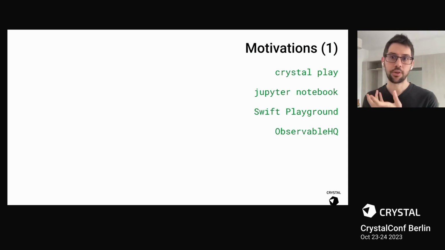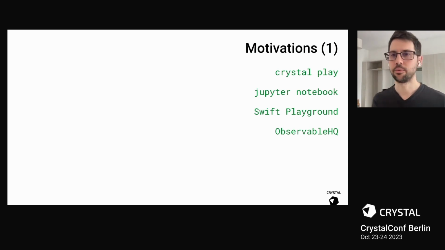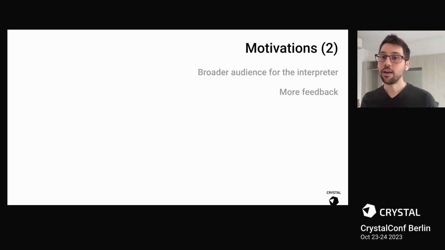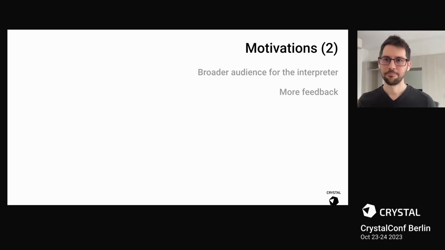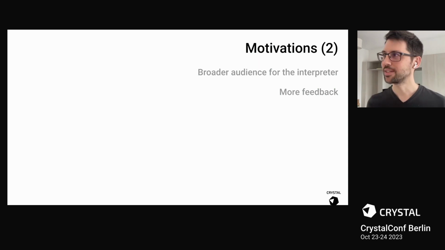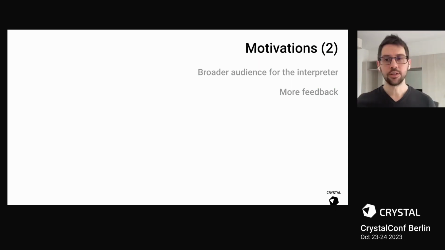Because they serve to explore the language or to learn what you can do, or start playing with some packages and then maybe throwing away or evolving the code from there. Another motivation, a little bit more biased toward Crystal, is that we have now the interpreter, or it is in progress, right?